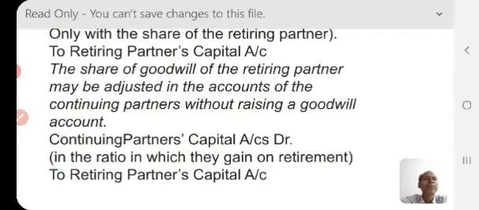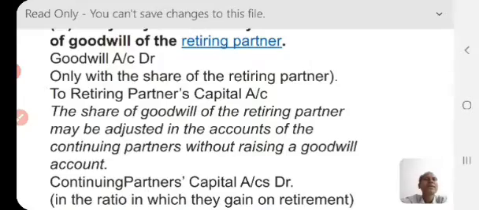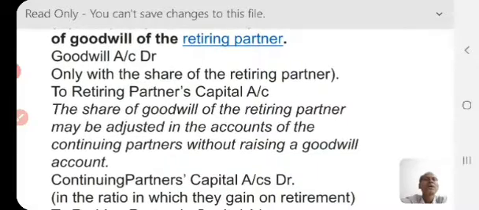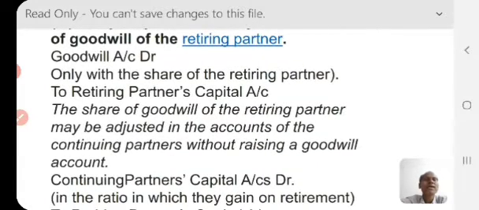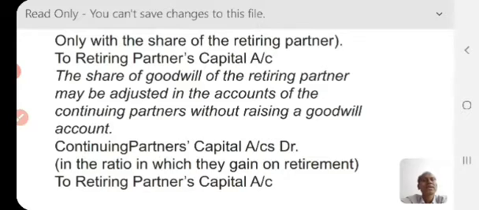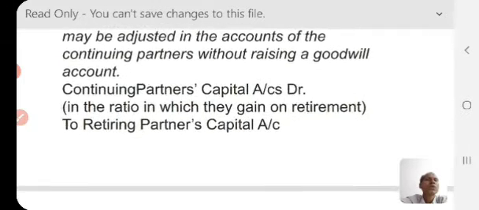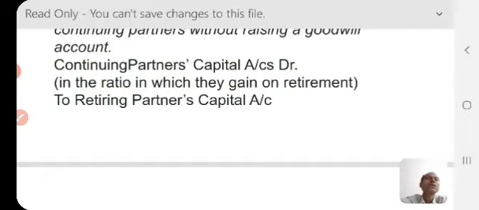So goodwill is the same. So the goodwill of the retiring partner is adjusted with the capital accounts of the continuing partners.